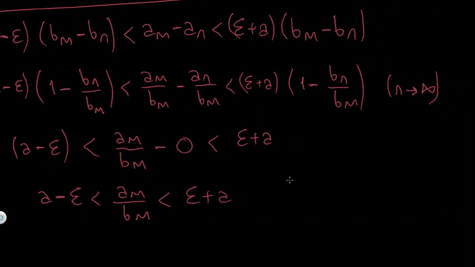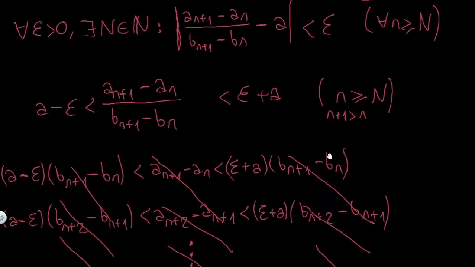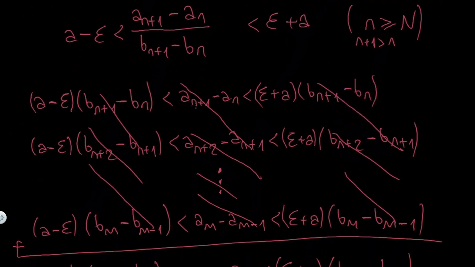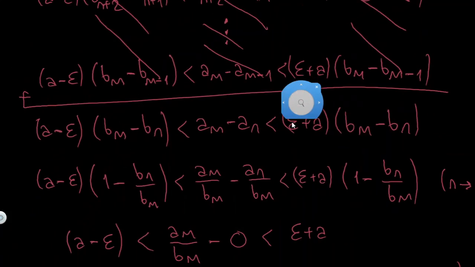So this is true whenever n went to infinity. Well, I don't really care about that. What I know is that this is true. m was bigger than n. I don't know if I said that, but here I went from n plus 1, n plus 2 up to m, so m is of course bigger than n.